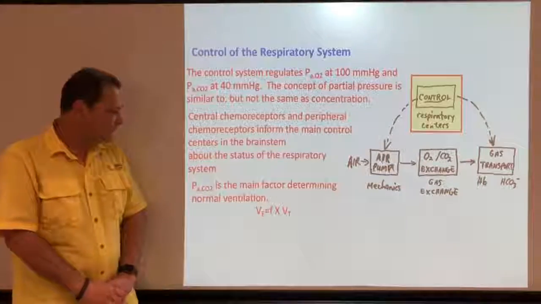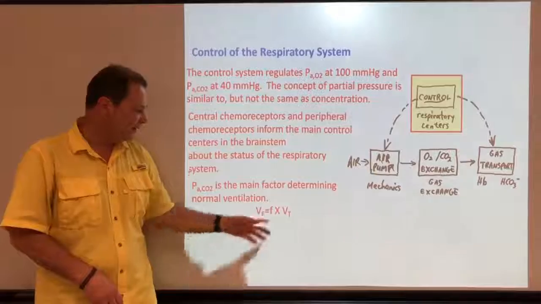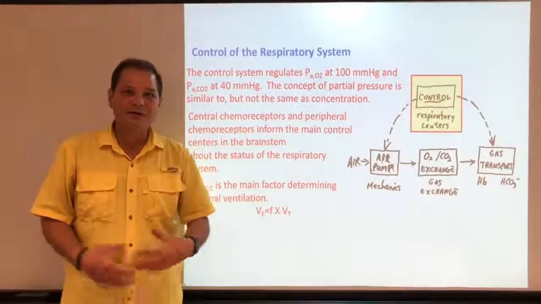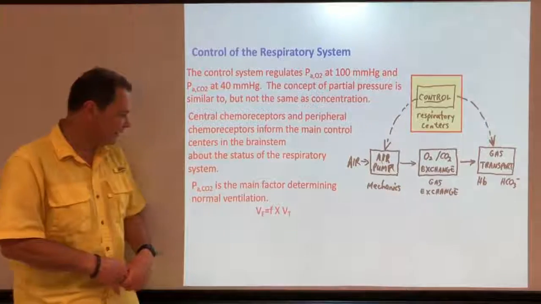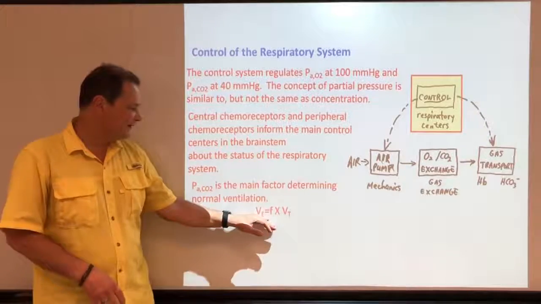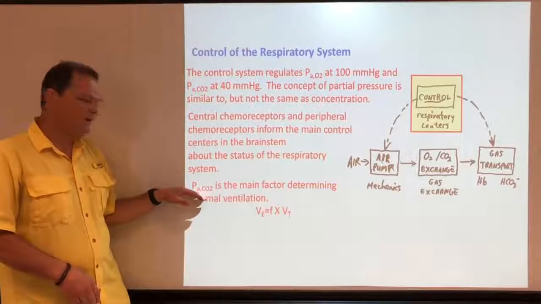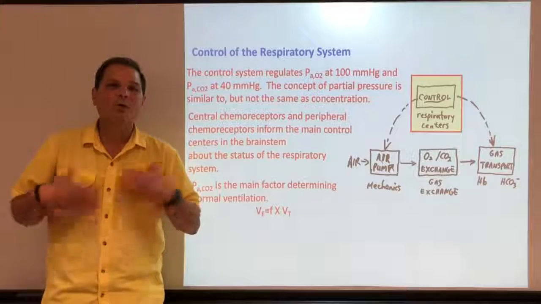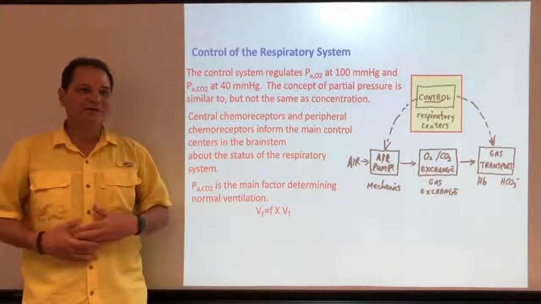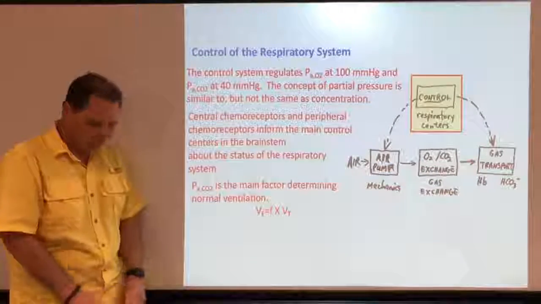Minute ventilation is the frequency with which you inspire and expire. VT is your tidal volume, that is the amount of gas that you bring in and breathe out in one breath. So you increase the minute ventilation by increasing the frequency and the tidal volume when the carbon dioxide in the blood is too high and you want to blow off more carbon dioxide. You want that carbon dioxide being transferred from the blood to be blown out of the lungs more quickly.